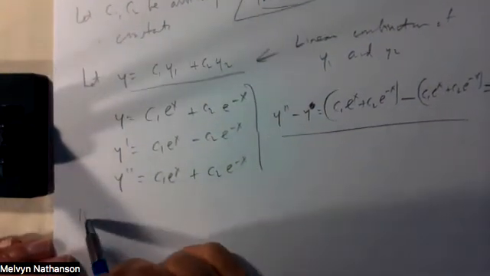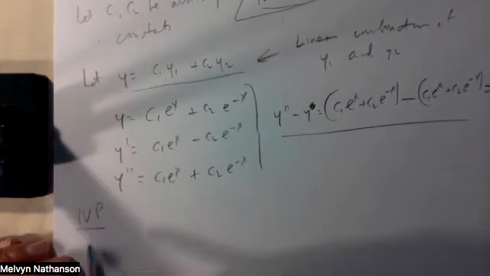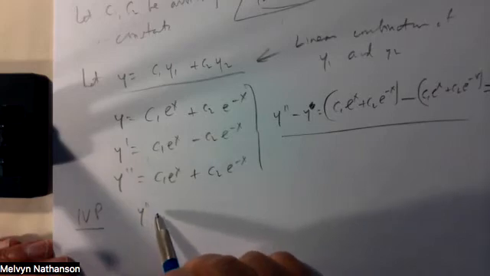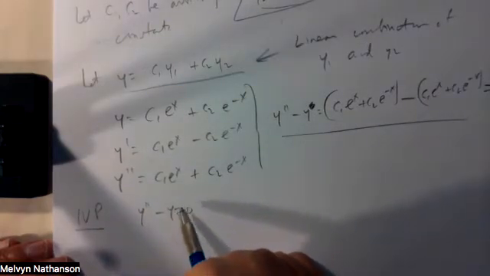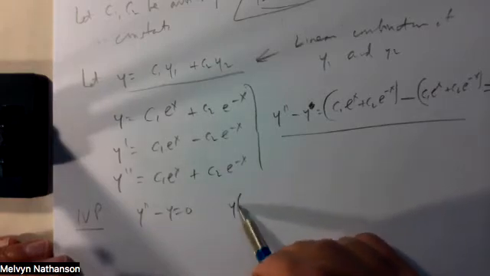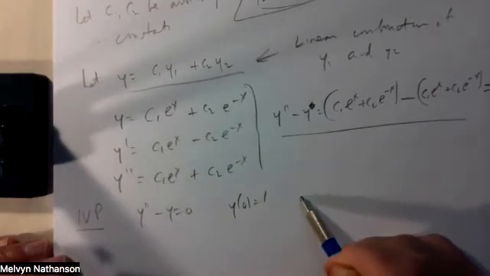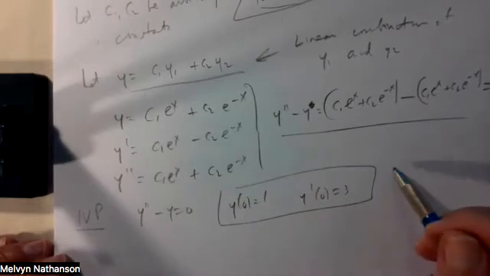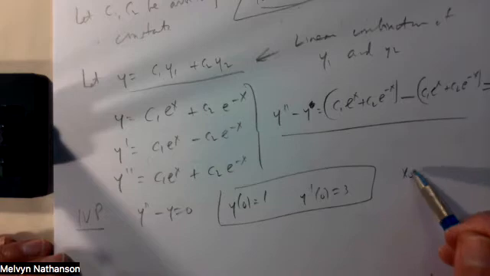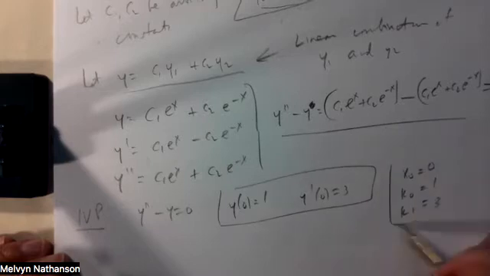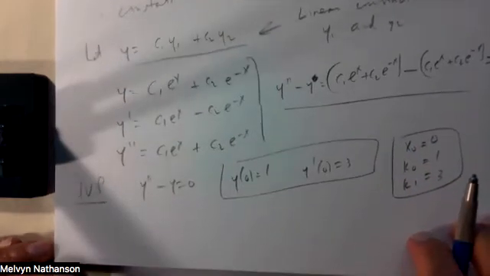So suppose we actually have an initial value problem, IVP. Find a solution of this differential equation, y double prime minus y equals 0, that satisfies the initial conditions, y of 0 is 1, and y prime of 0 is 3. So I'm letting x naught equal 0, k naught equal 1, k1 equal 3 in the notation of the theorem.